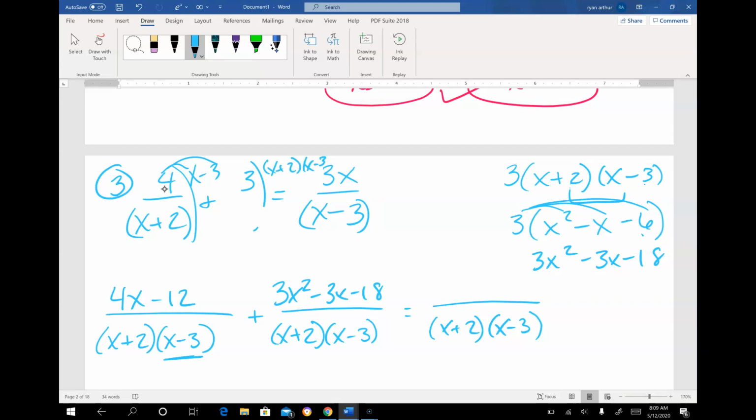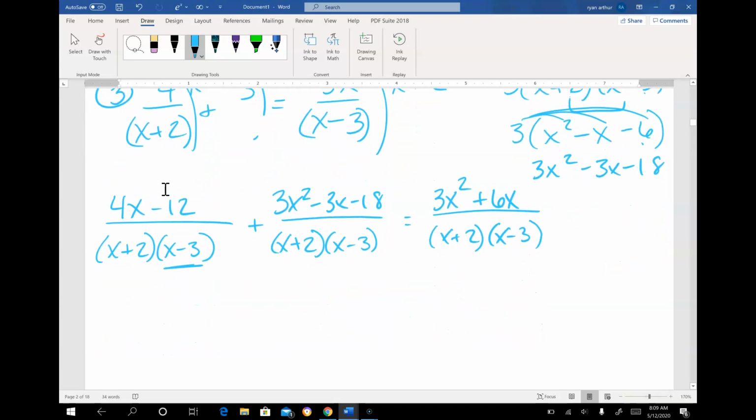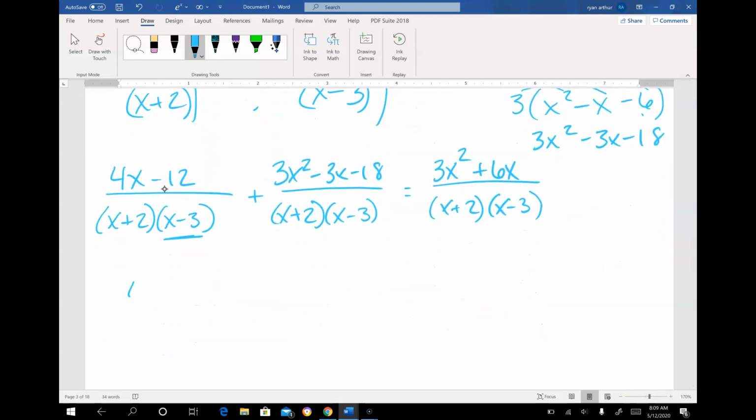Okay. Now this guy, he's only missing the x plus 2. So we're going to distribute and get 3x squared plus 6x. Now they all have the same denominator. We can bring down the numerators and solve.